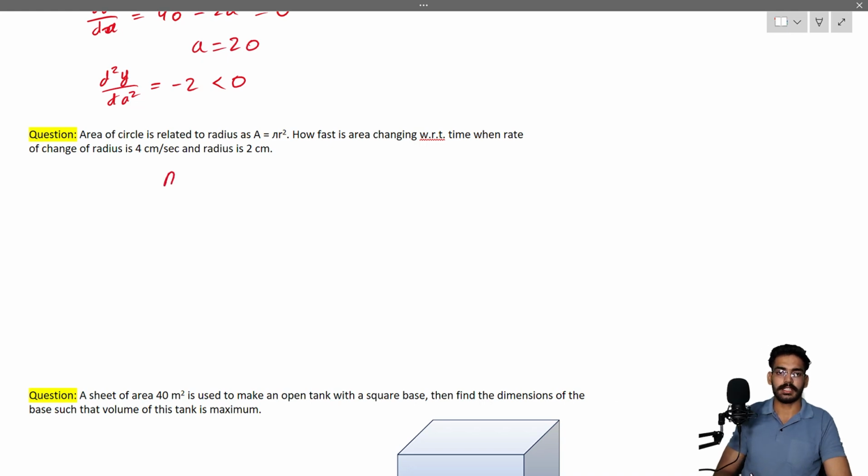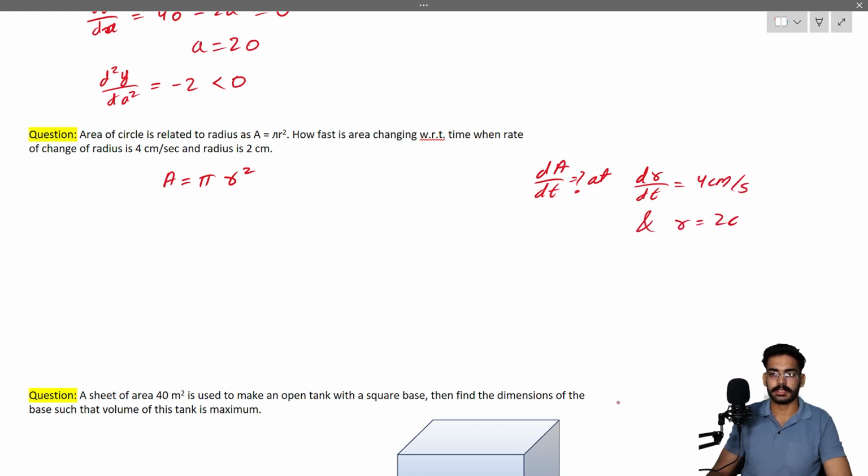So we have area equal to pi r square, and he is asking the rate of change of area, which means he is asking dA by dt, at dr by dt equal to 4 centimeter per second and r equal to 2 centimeter. These are the values at that particular point.